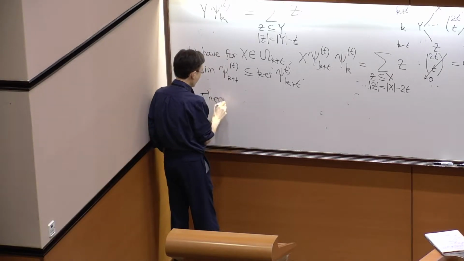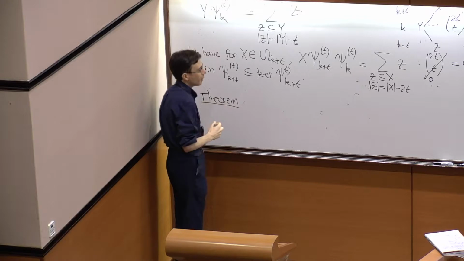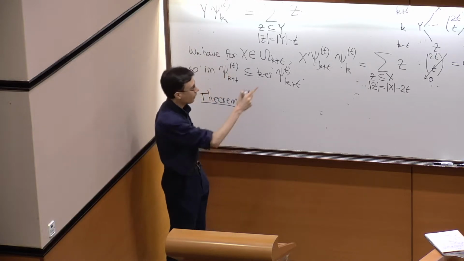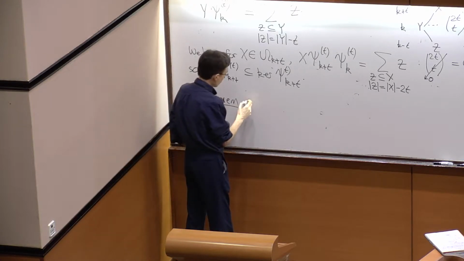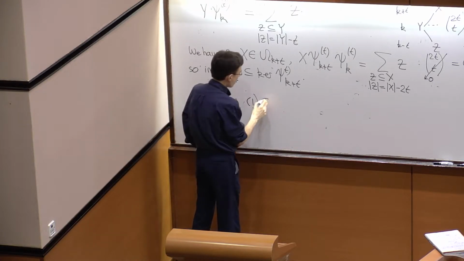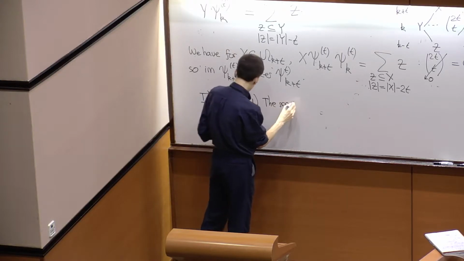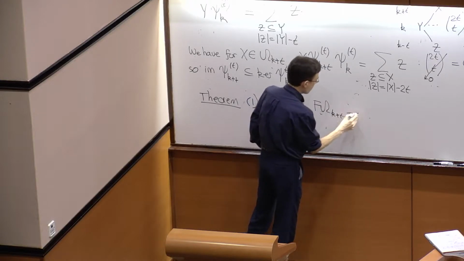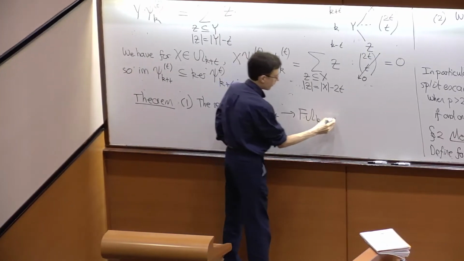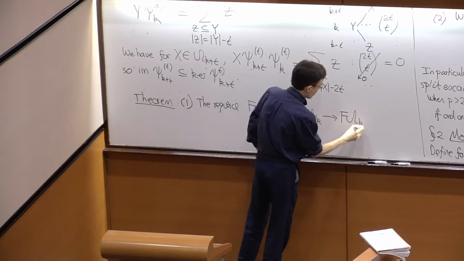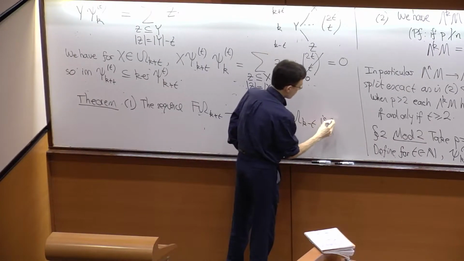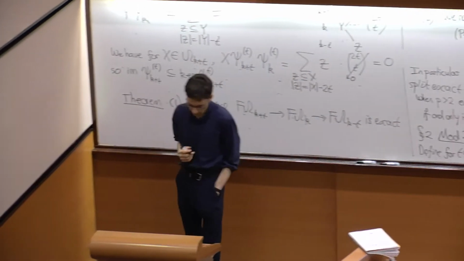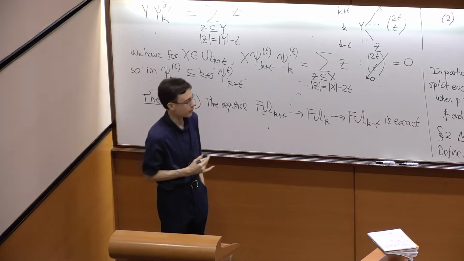Anyway, so here is a theorem. With parts analogous to 1, which I rubbed off but was claiming exactness, and 2 over there. So the sequence F omega k plus t, F omega k to F omega k minus t is exact, and I spent some of yesterday patiently dotting my T's and crossing my I's.